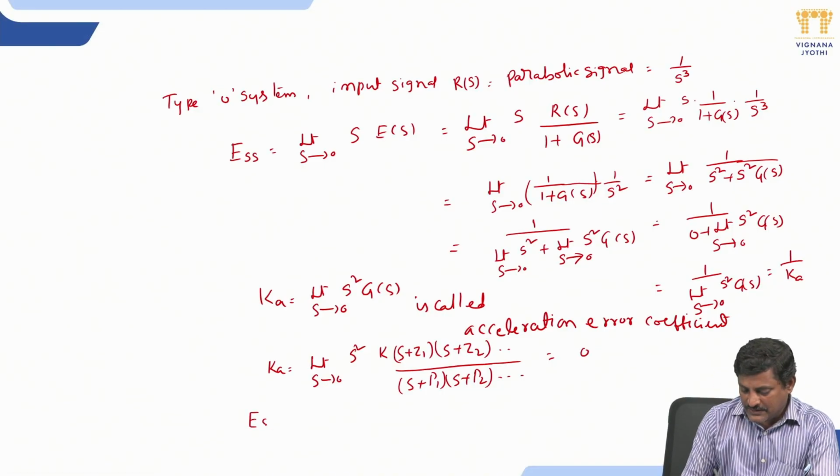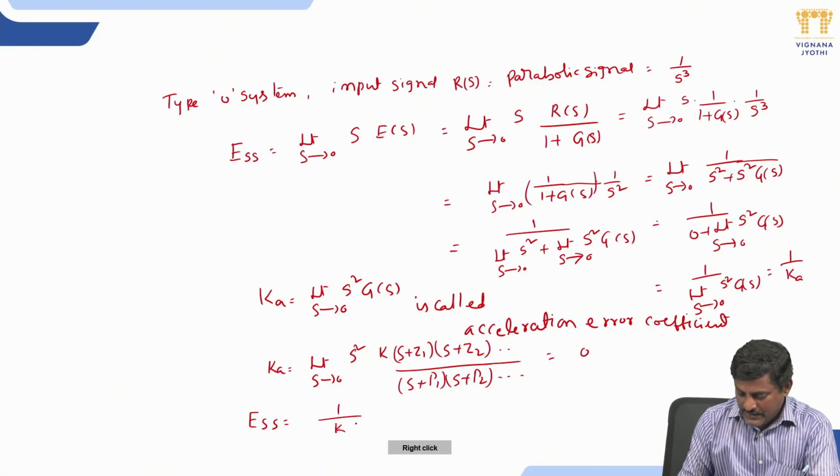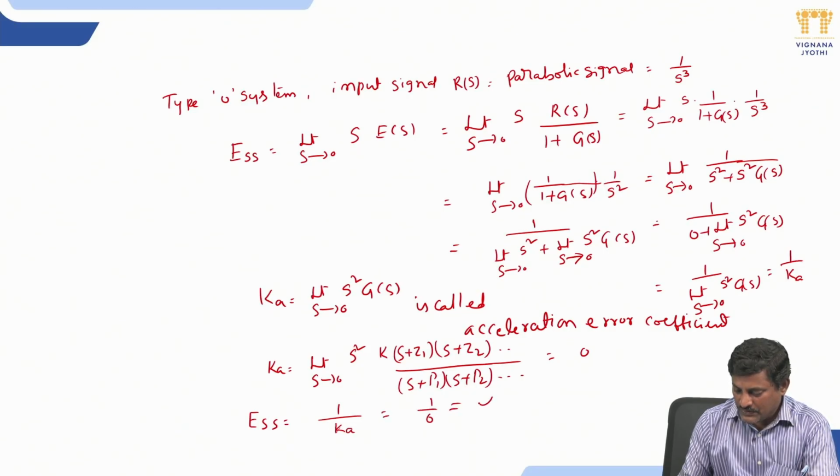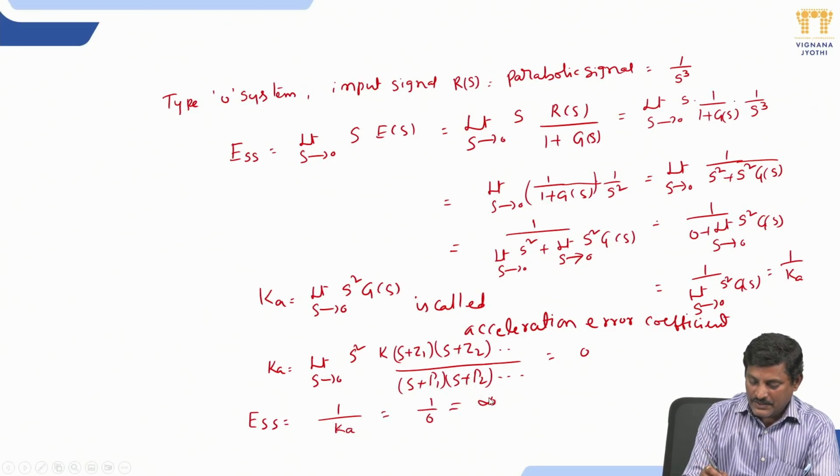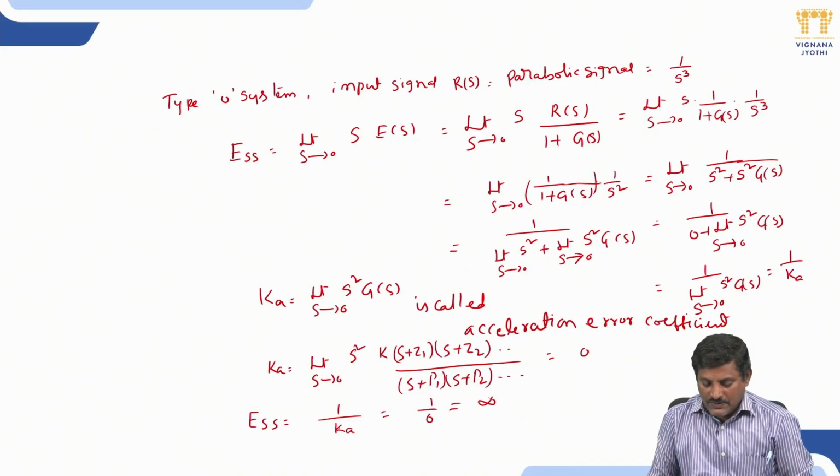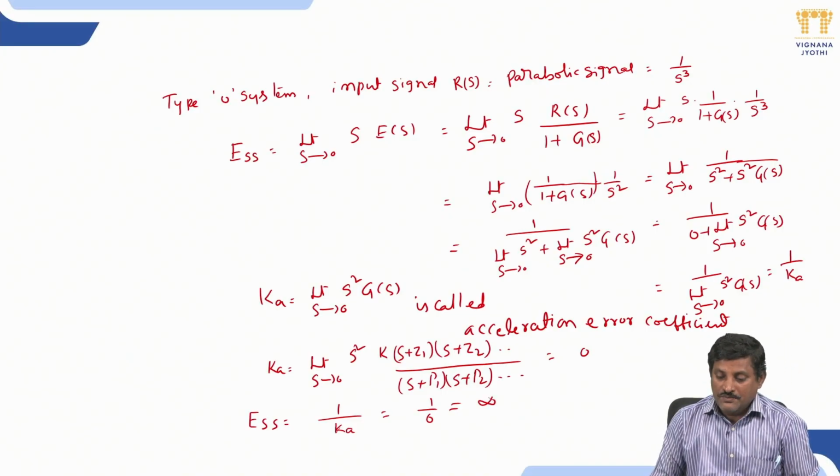Steady state error ESS is equal to 1 by Ka, 1 by 0, which is infinity. So the steady state error for a type 0 system, for a ramp signal also, is infinity. In the previous case, for the ramp signal also the steady state error is infinity. For unit step input only, it has some finite value.